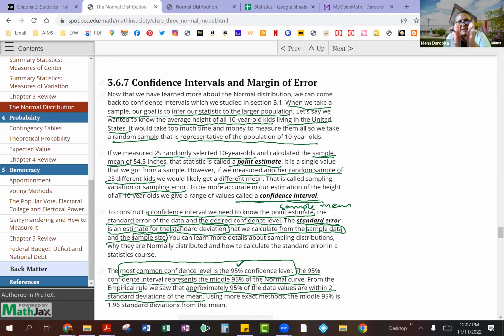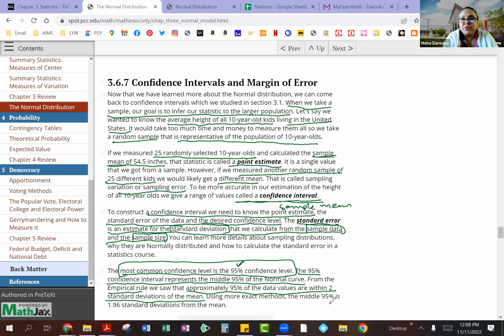Remember, it starts at 68% in the middle, then 95%, and then it goes out to 99.7%. So that's the middle 95% that we are talking about. The empirical rule tells us that 95% is approximately 2 standard deviations below and above the mean.